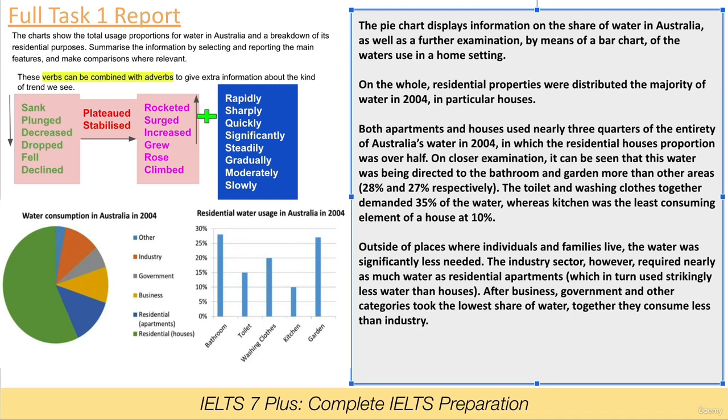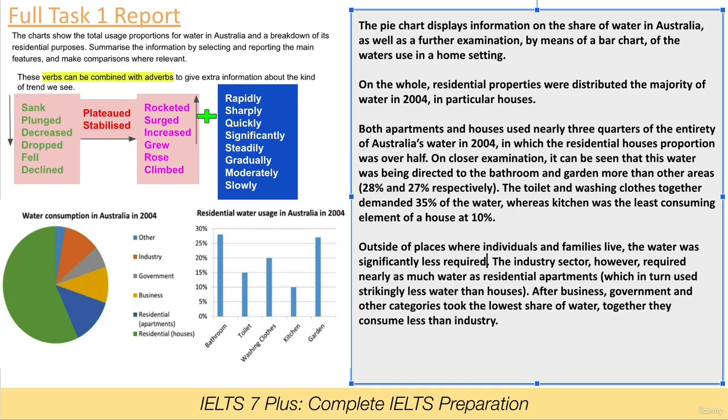Okay, let's have a read and see how this sounds. Outside of places where individuals and families live, the water was significantly less required. We're always checking that we're not repeating ourselves. The industry sector, however, required nearly as much water as residential apartments, which in turn use strikingly less water than houses.